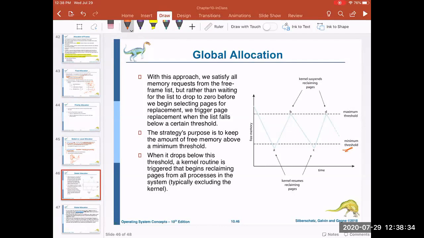If it goes down, then it will swap out a few frames from the RAM to the secondary storage. That is the minimum threshold, the minimum value of free space that should be kept.